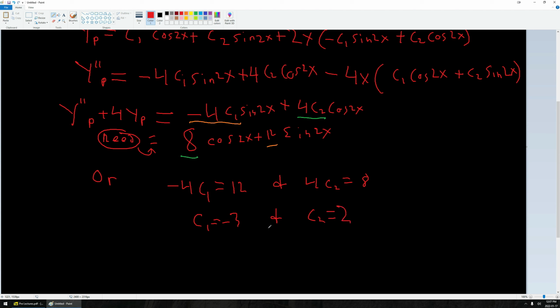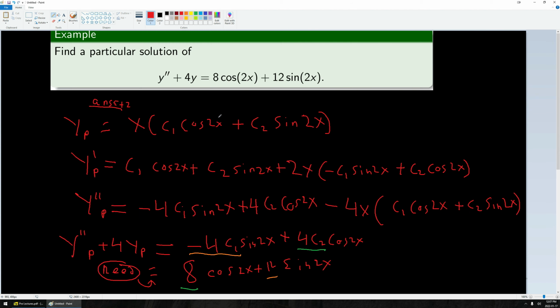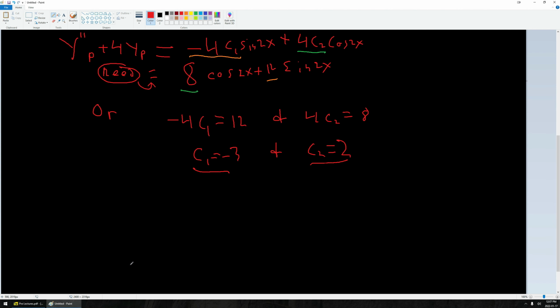So my ansatz worked. I found a thing that solves the equation. Now I simply plug them into my ansatz, and thus y sub p is equal to x, on the outside, times minus 3 cosine of 2x plus 2 sine of 2x.